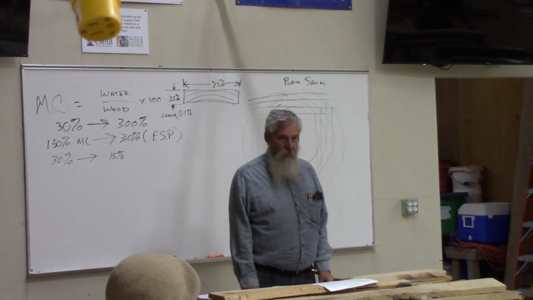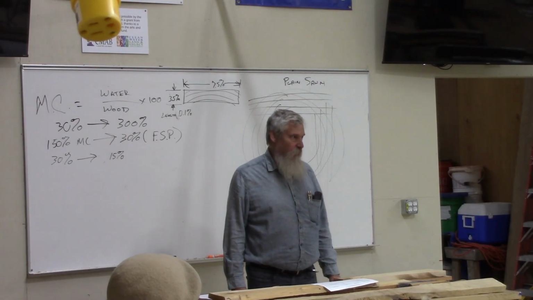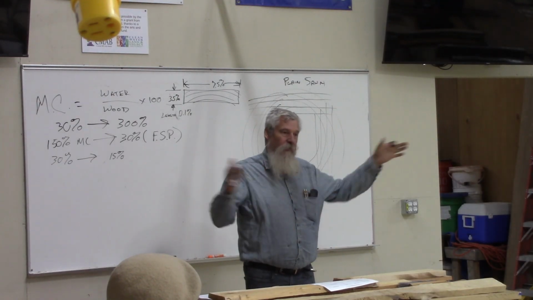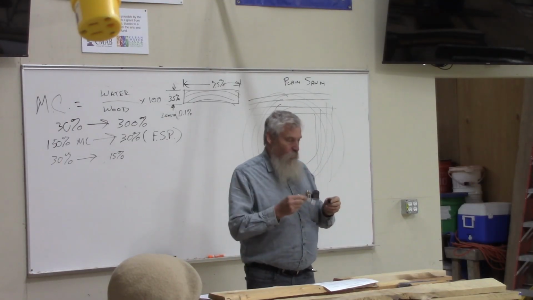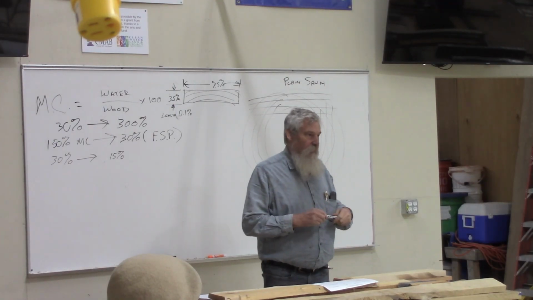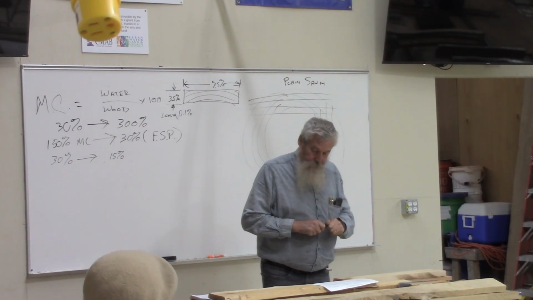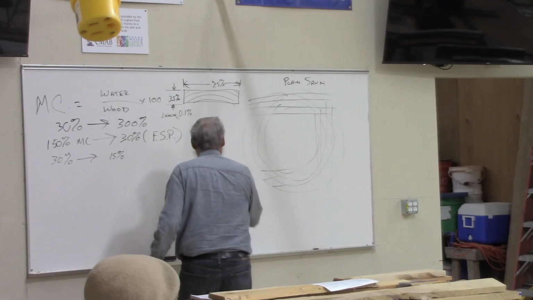It's hygroscopic, it will never stop. It doesn't matter if it's kiln dried, it doesn't matter if it's air dried, it'll continue to do that. So as long as there is a change of moisture content in the house, which there is, then it'll continue to do that.